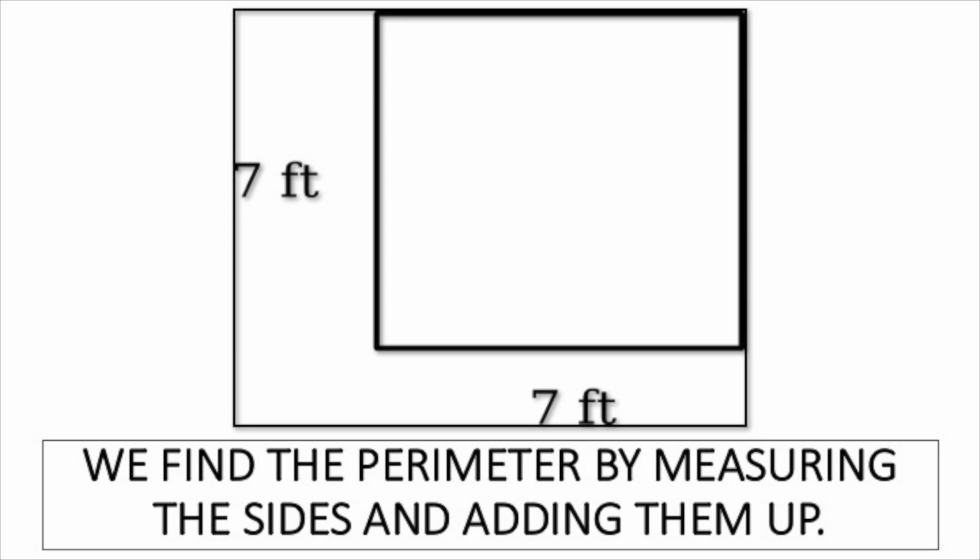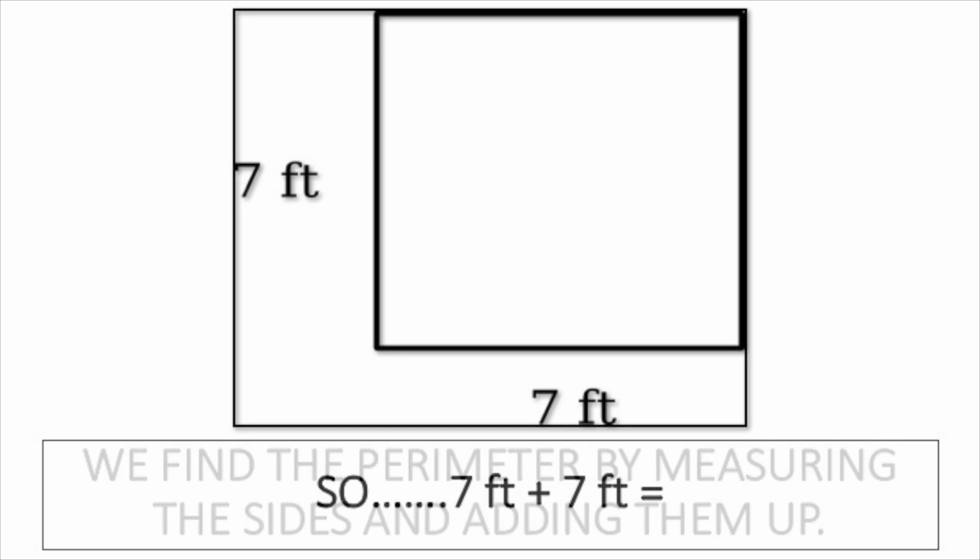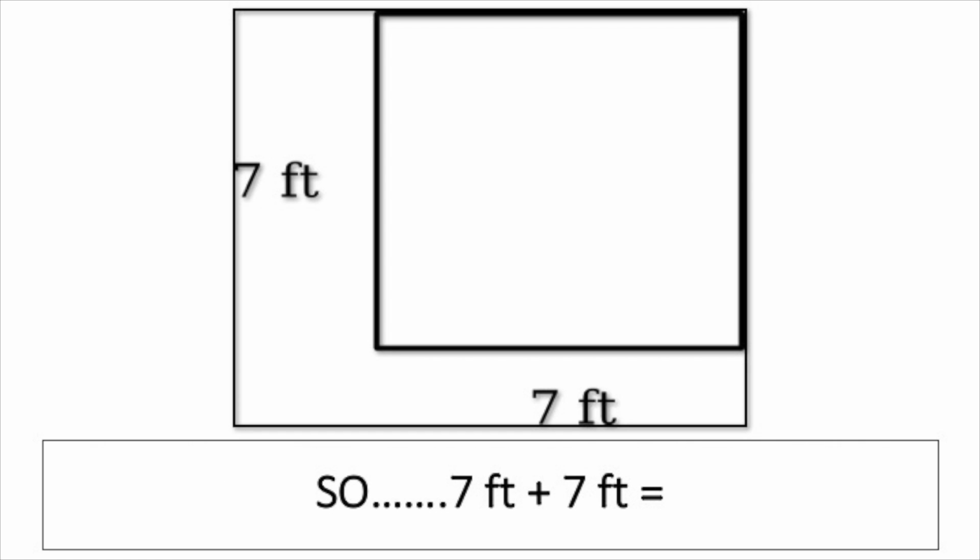We find the perimeter by measuring the sides and adding them up. Now we can do it the standard way. 7 foot plus 7 foot. 7 plus 7 equals 14.